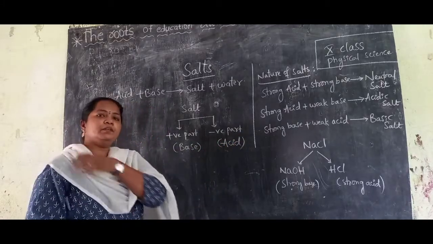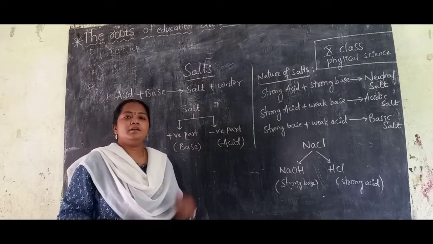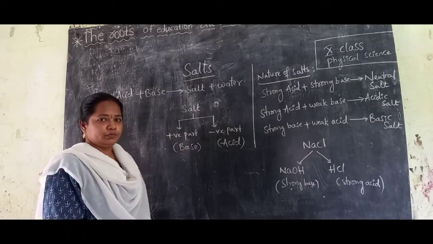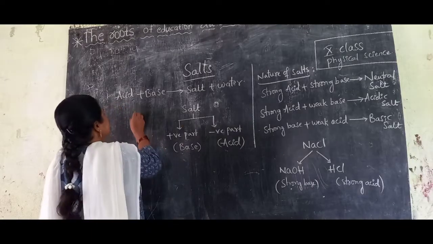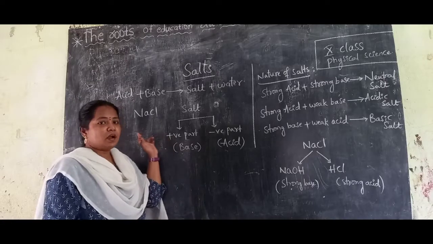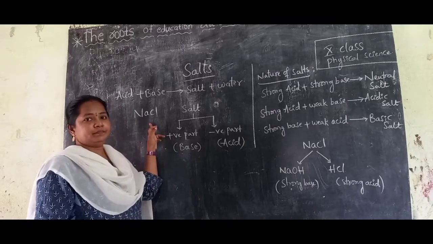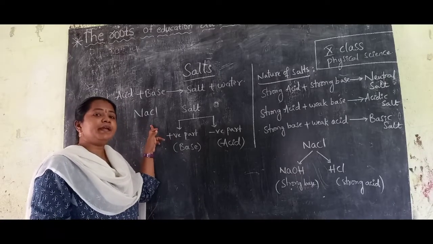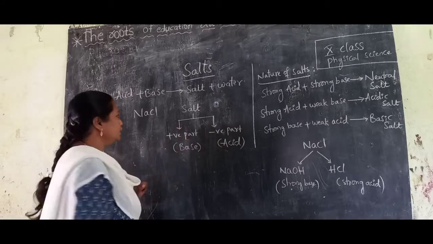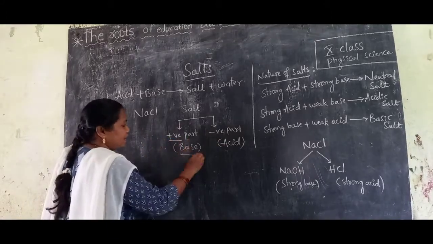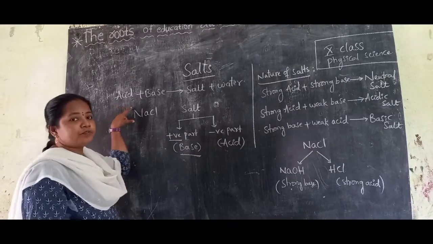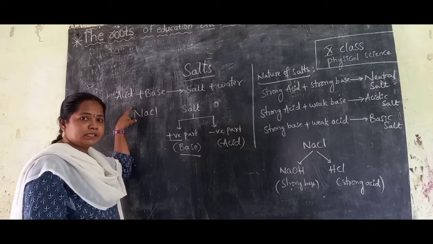For example, take a common salt, very well known to you, NaCl. This salt, sodium chloride, contains two parts, positive part and negative part. So we will see, this sodium chloride comes from which acid and base?